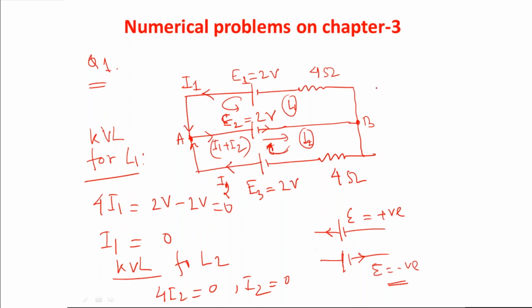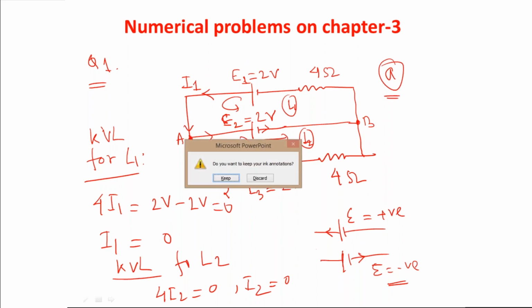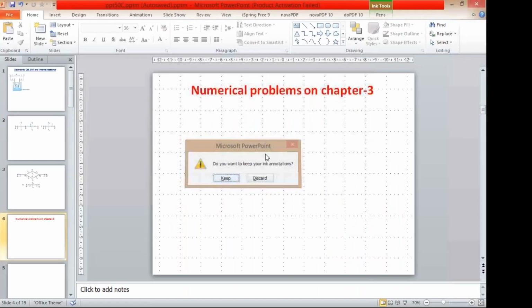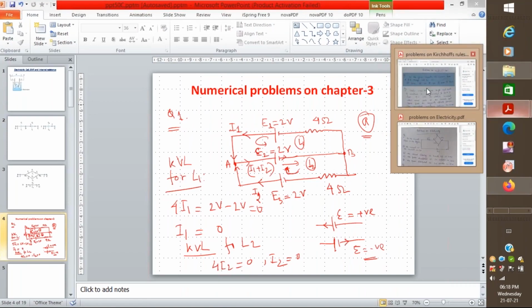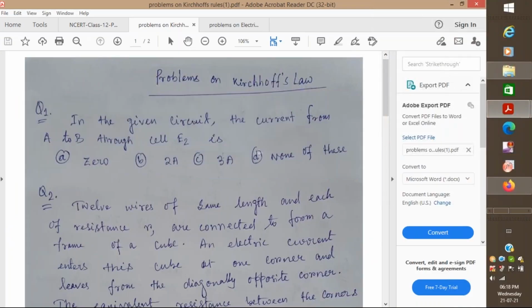So if I1 is 0, I2 also 0. So I1 plus I2 also will be 0. So there were options given in the question. The first option in the question will be the answer. So the first option, that is 0. I'll show you the question again. Maybe I'll show you the question first, then I'll go to the presentation and solve.